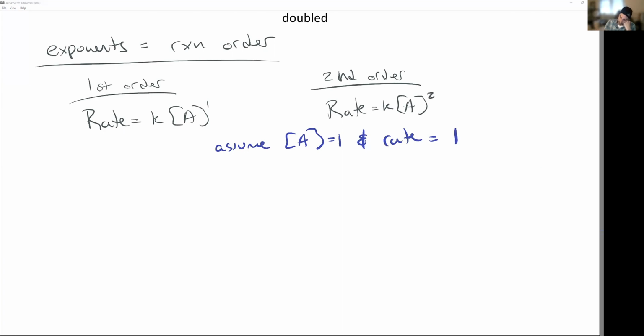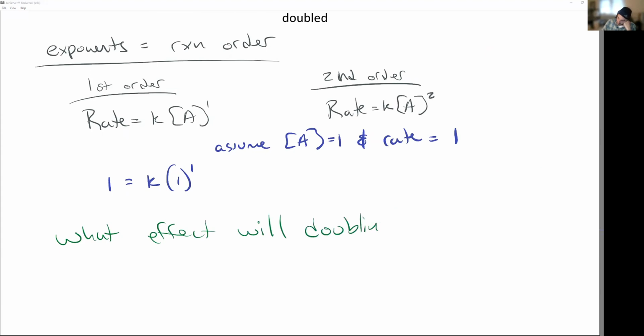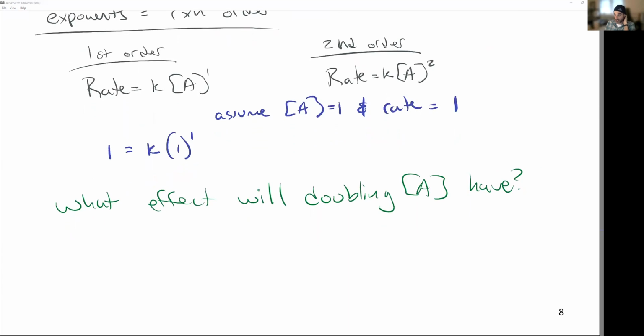So if we assume that, the rate is equal to 1, K times concentration 1 raised to the first, and that's it. So my question ultimately is, what effect will doubling the concentration of A have? What is this order going to do when I double the concentration?